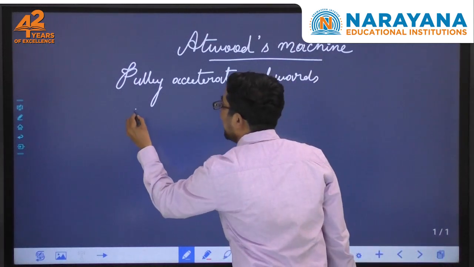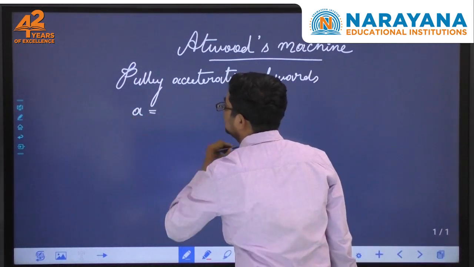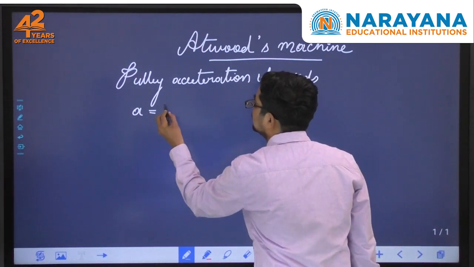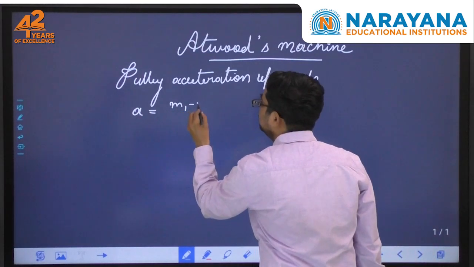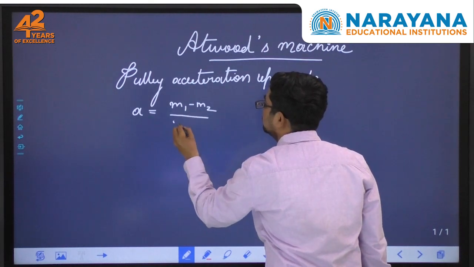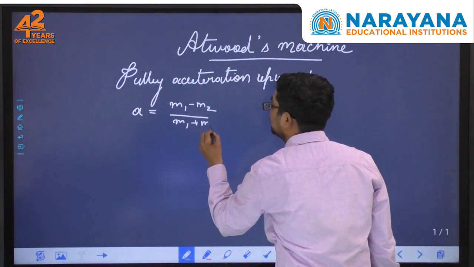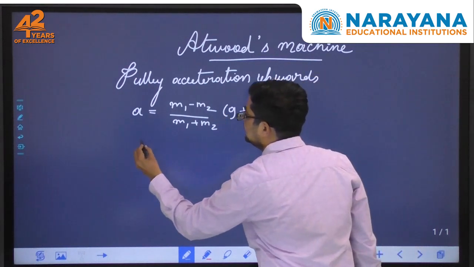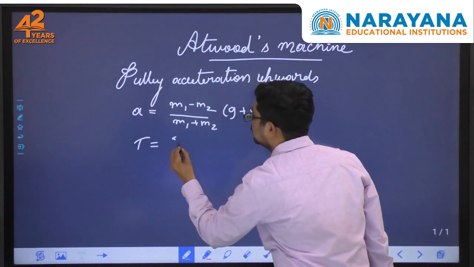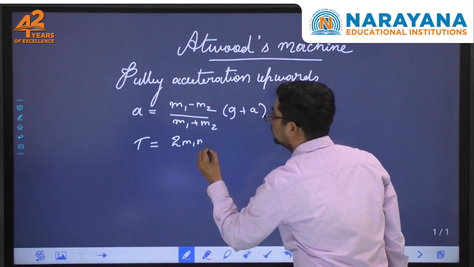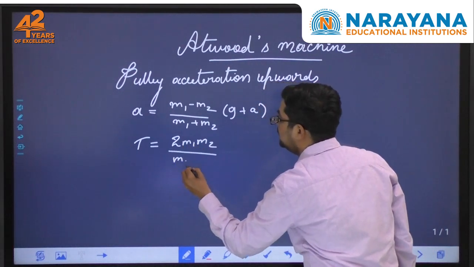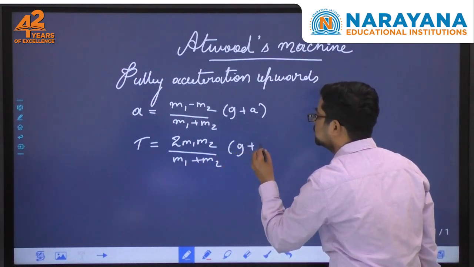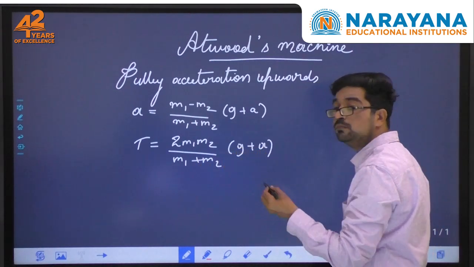In this case, acceleration a is equal to (m1 minus m2) by (m1 plus m2) of (g plus A). Similarly, tension T is equal to 2m1m2 by (m1 plus m2) of (g plus A). Just you are adding plus A as it's moving upwards.